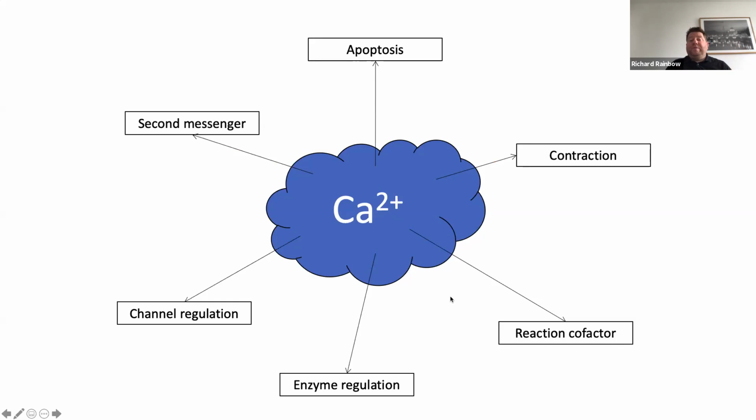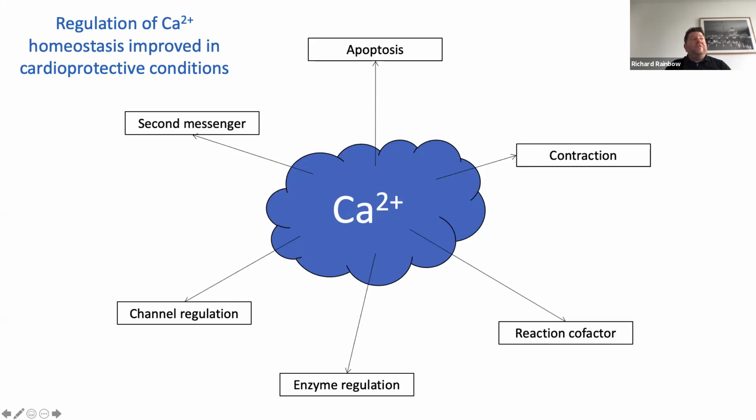But what we found over the years is that regulation of intracellular calcium homeostasis is improved in cardioprotected conditions. So if a cell has undergone a cardioprotective stimulus, then it seems to be protected. And the opposite is true, if anything, with cardiotoxicity. If the intracellular calcium is elevated or the homeostasis is disrupted in any way, then that has a toxic effect on the cells.